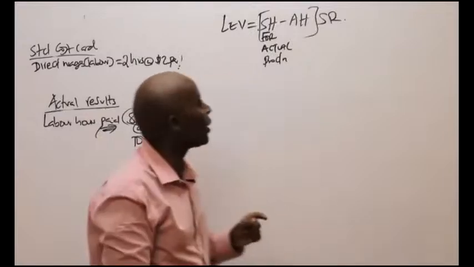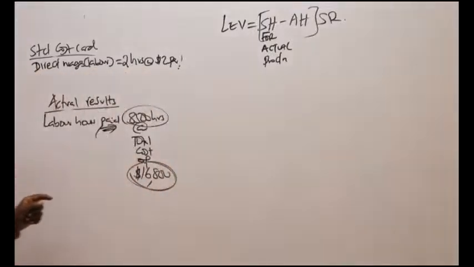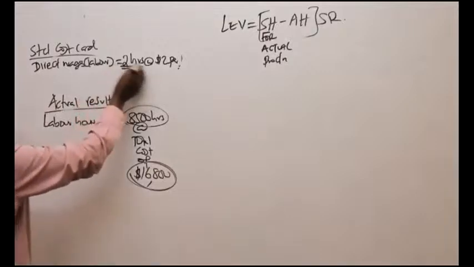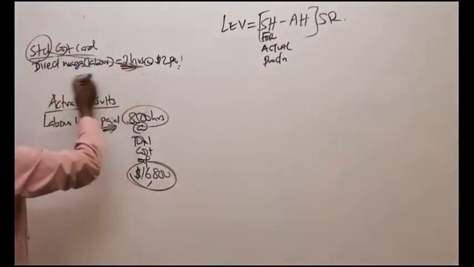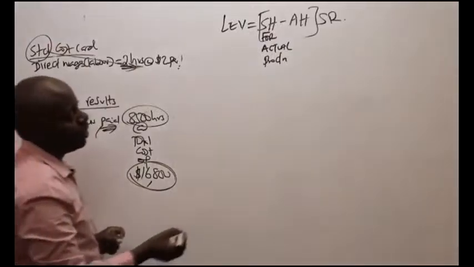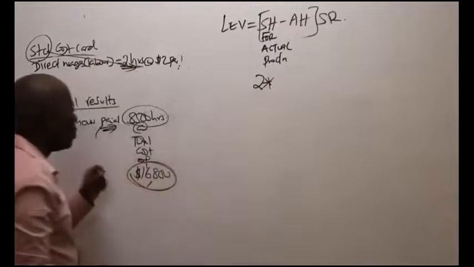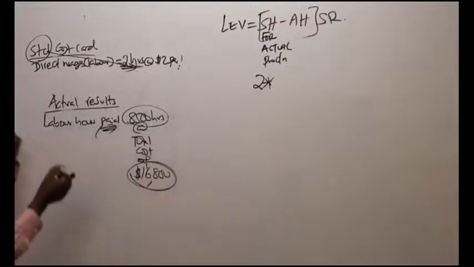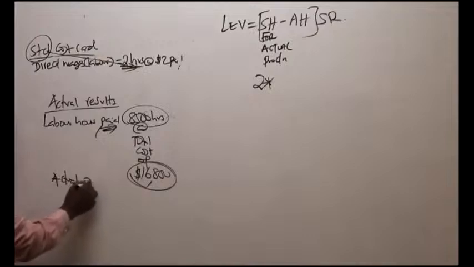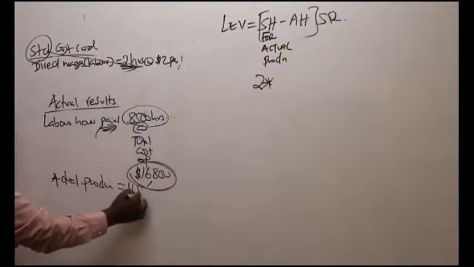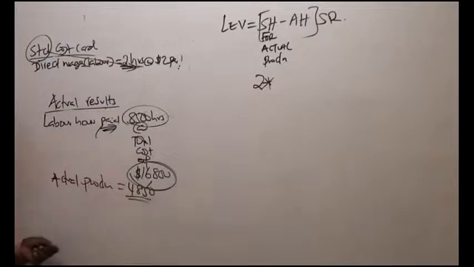So please go to your standard cost card. On the standard cost card, you are able to see the standard hours here are 2. But remember, because of the word actual production, you must look for the number of units that were actually produced. If you remember very well, we had this figure where the actual production was 4850.